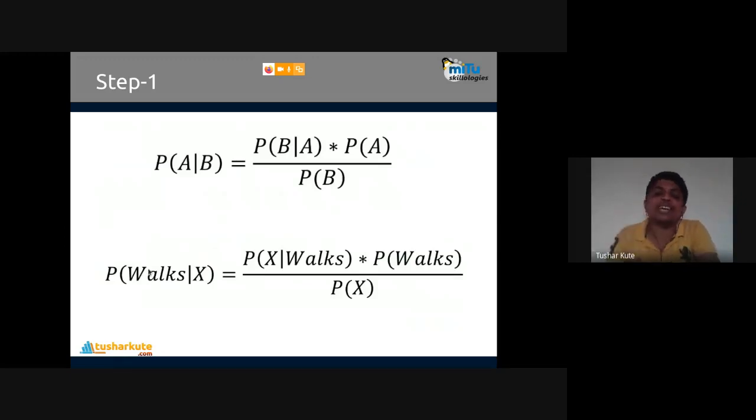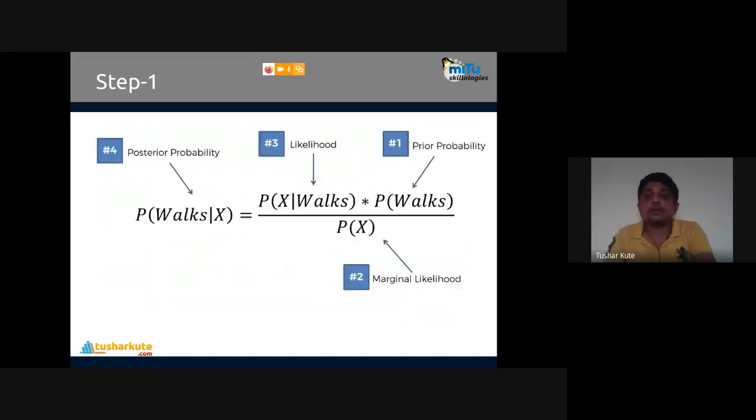So let's talk about the walking category first. What is the probability that this particular person will go in the walking category? That we have to find. The formula is this, and every term present inside this formula has a name given to it. The result that you find, the conditional probability, is called the posterior probability.